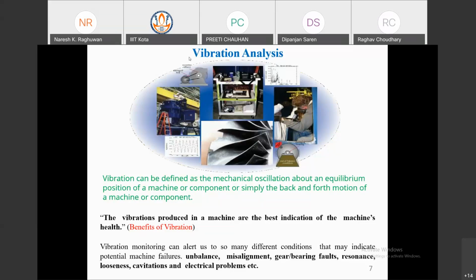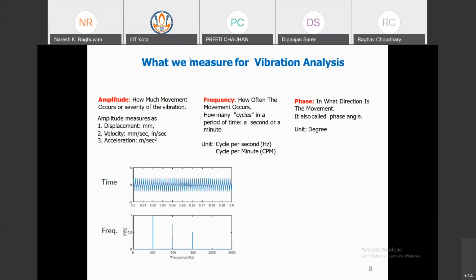So in the next slide, what do we measure for vibration analysis? Basically three things. First, the amplitude, maybe of the displacement of the vibrating body, or the velocity of the vibrating body, or the acceleration.